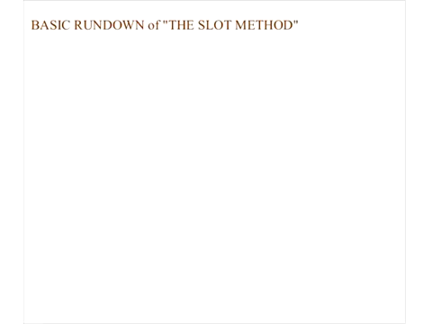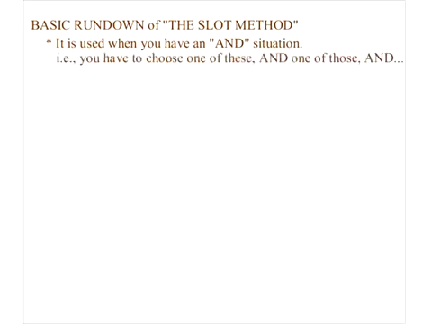The first thing about this slot method is that this is used when you have an AND situation. In other words, you have to choose one of these and one of these and so on, because it revolves around multiplication.